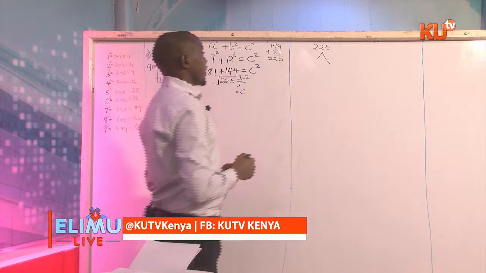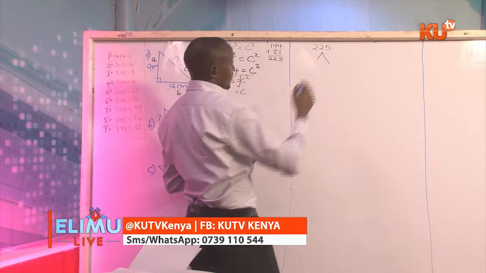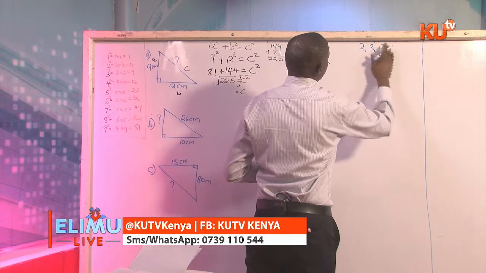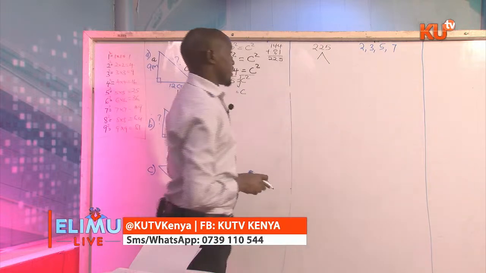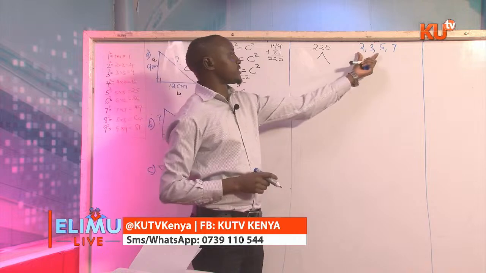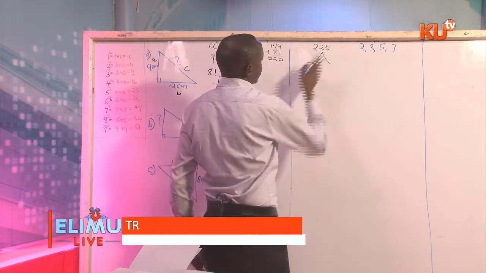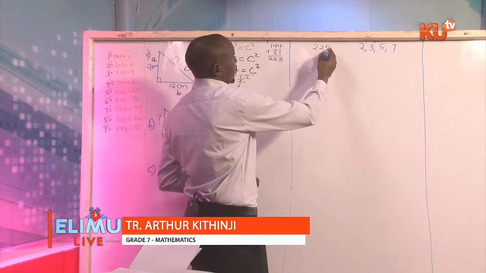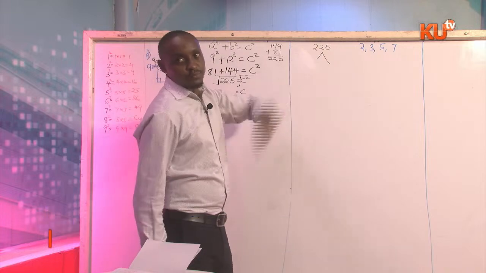So we shall use the prime numbers, and the first 4 prime numbers are always 2, 3, 5 and 7. So we shall check for divisibility by these. If this number is divisible by 2, the last digit should be an even number, which means 225 is not divisible by 2.